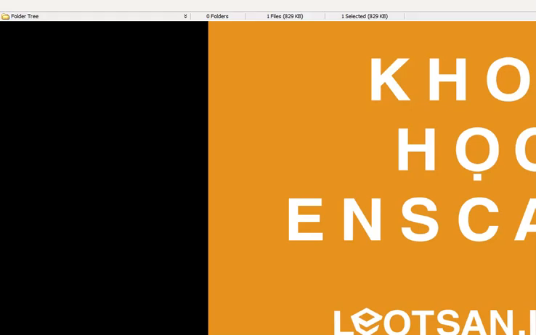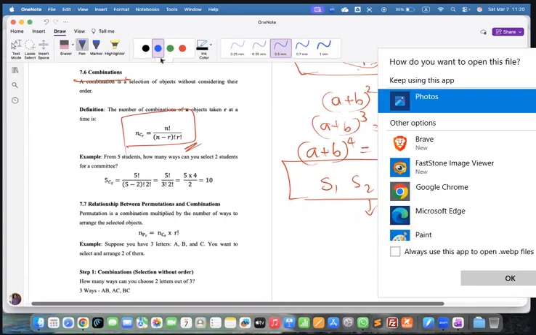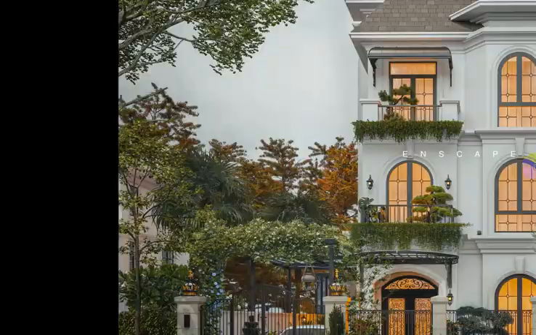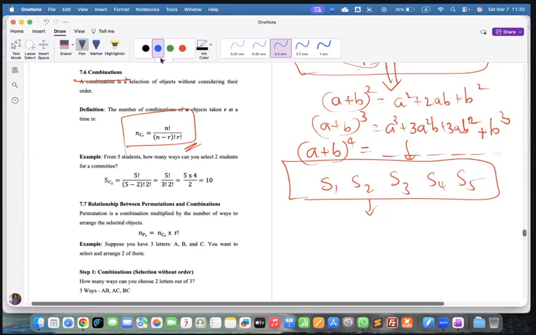Let's say I select 2 students and send them to a mathematical Olympiad exam or a competition. How many options do I have? That means how many possible ways I can make this 2-member group.